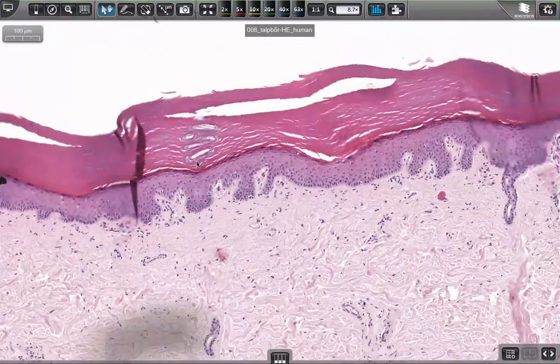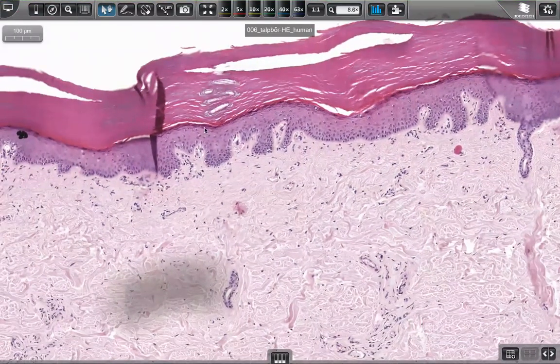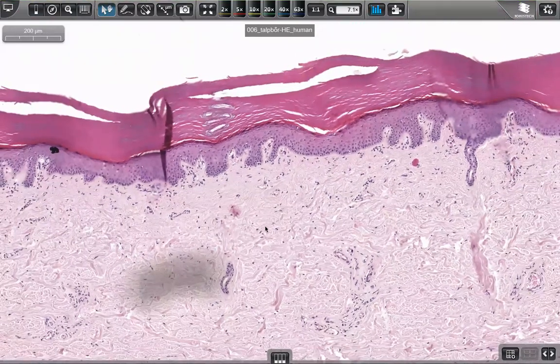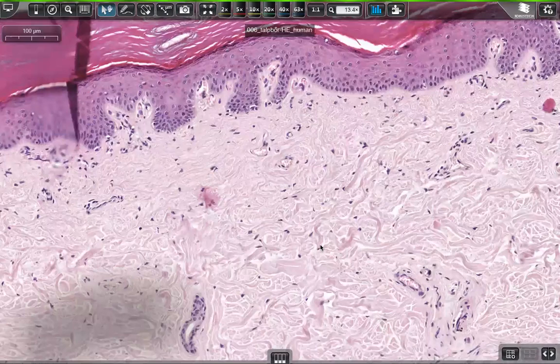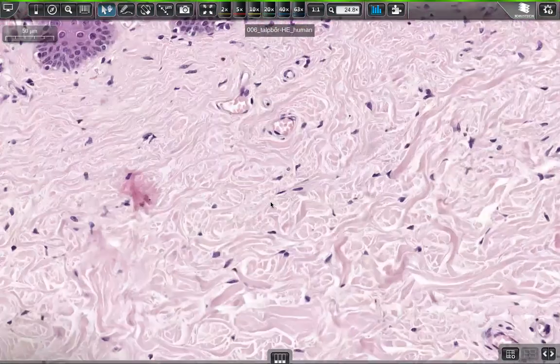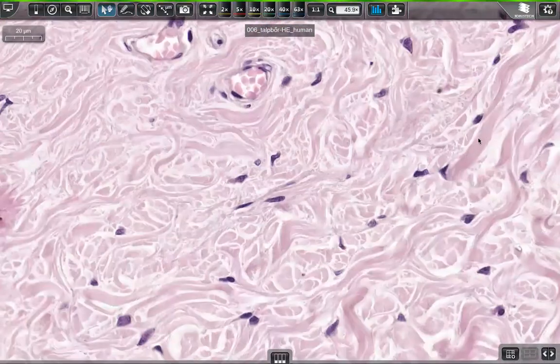Under the epidermis, we have the connective tissue elements with coarse collagen bundles and fibrocytes.